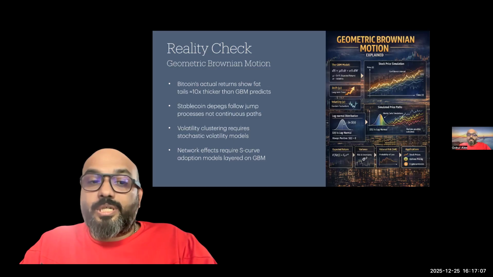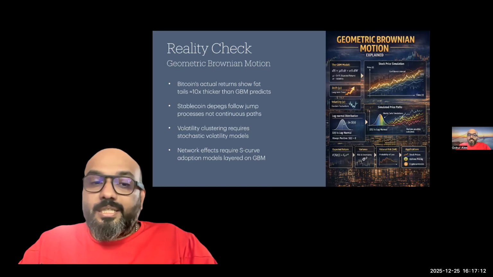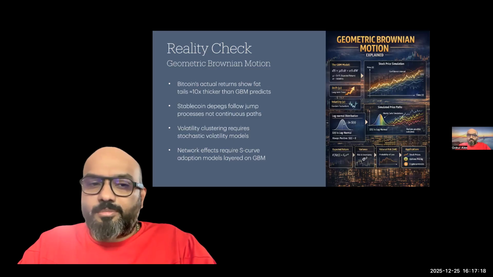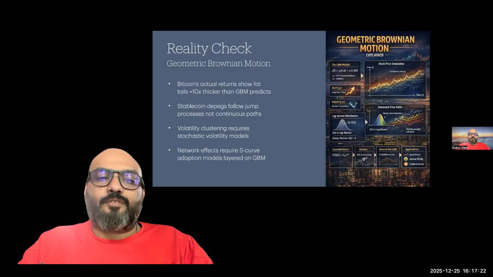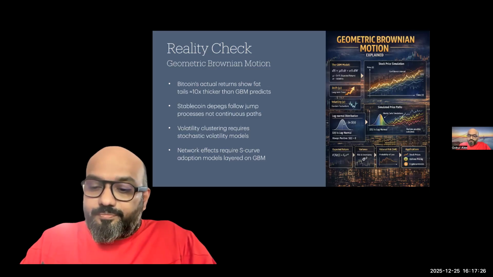Volatility clustering requires stochastic volatility models. So again, another limitation of the geometric Brownian motion model. And like we also mentioned about the Metcalfe effects and network effects, it requires S-curve adoption models layered on top of GBMs.